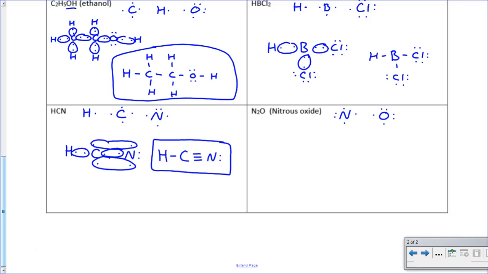It wants to make 2 bonds. And so what ends up happening here, we'll put one of the N's in the middle because it makes 3 bonds, so more than the oxygen. All right, and then I'll put an oxygen here. And there's this pair of electrons up here.